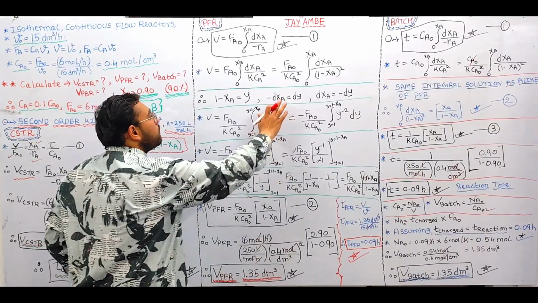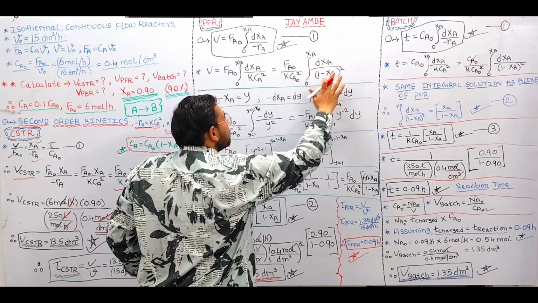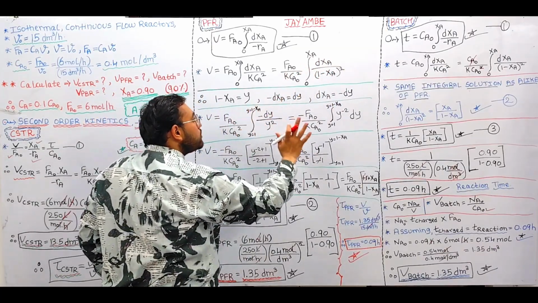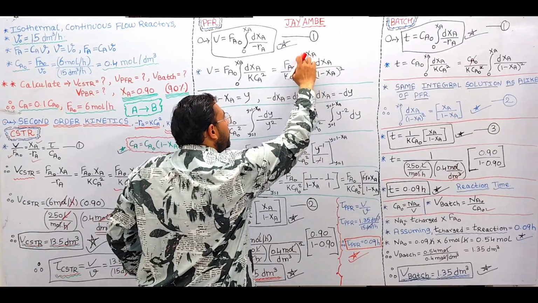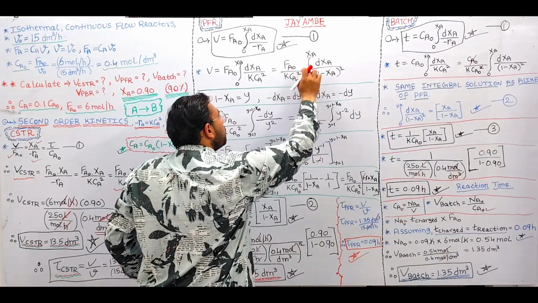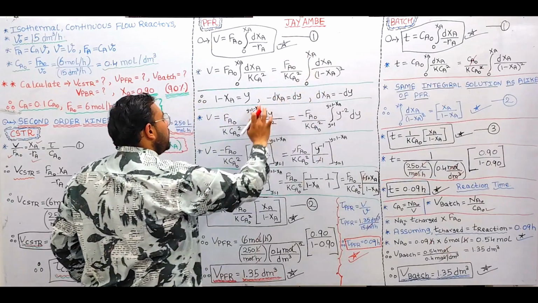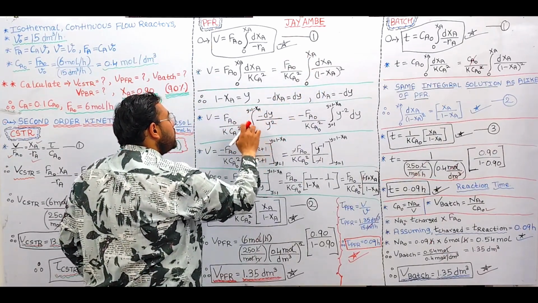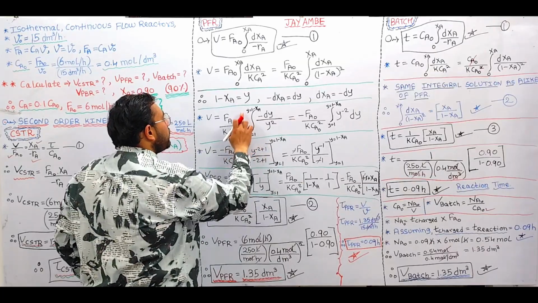So we have converted all the x terms to the y term. We also need to make the changes in the limits. Here we have them in the form of x terms, but here we have the y term, so the limits we need to also change from the x term to the y term.